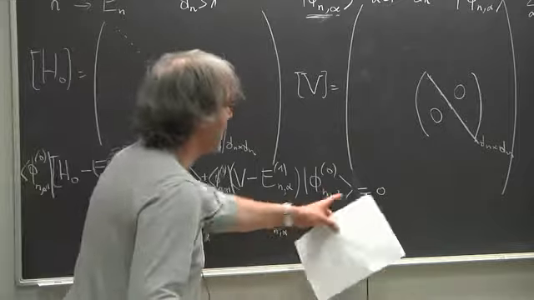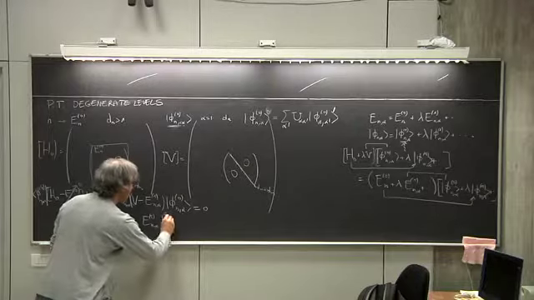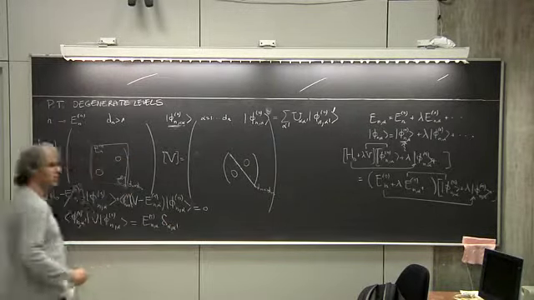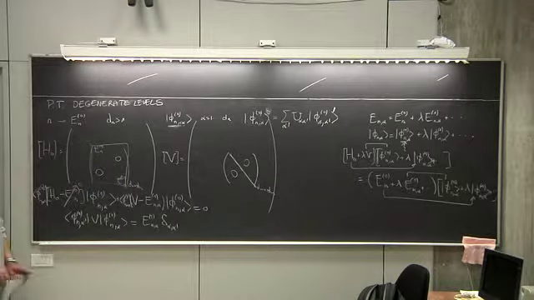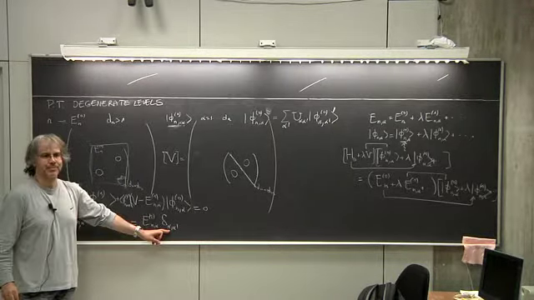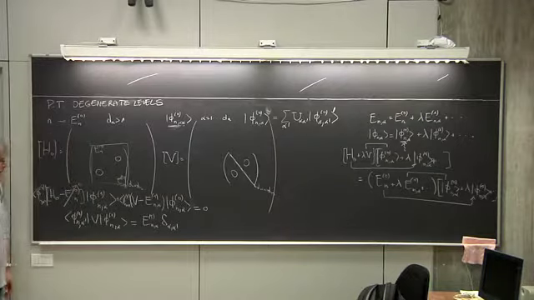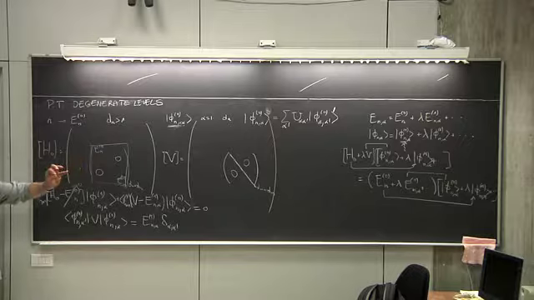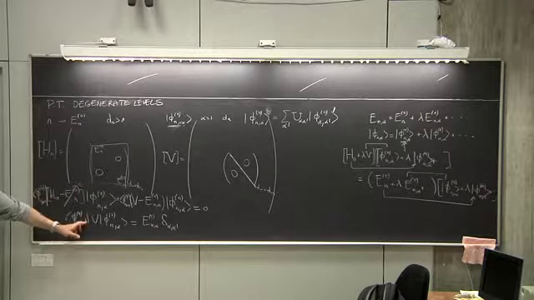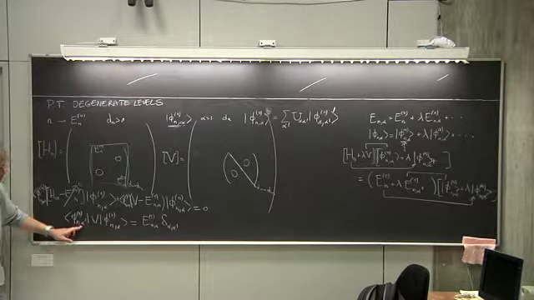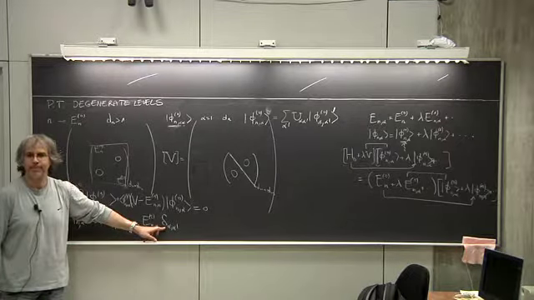But you know these two states are orthogonal. So delta alpha prime. So this is the crucial thing. You see, a delta appears. What does it mean? It means that in order for all we wrote to be meaningful, the matrix element of V must be diagonal.